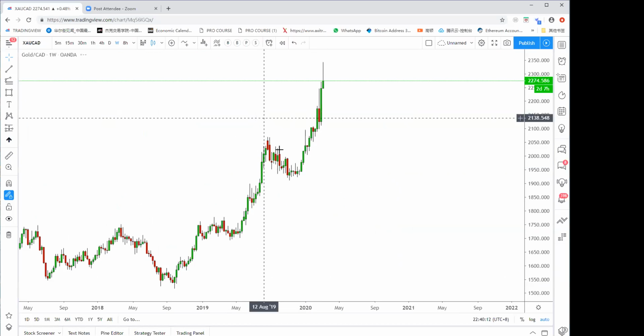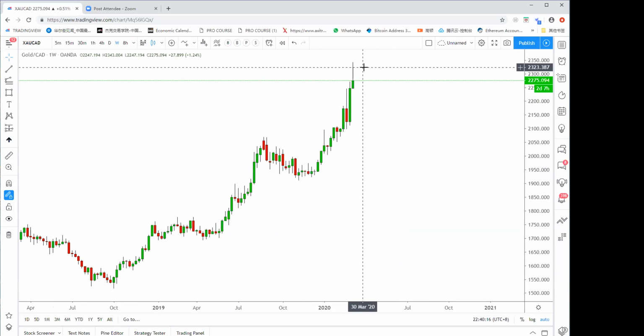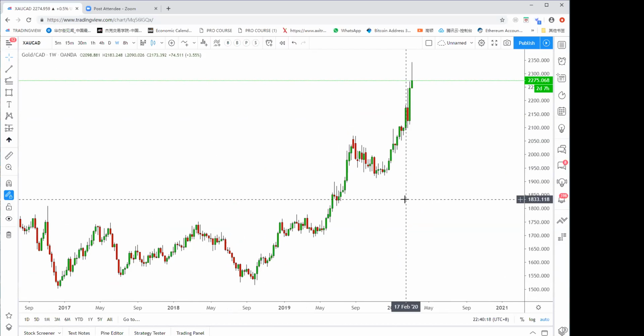Yeah, you can see gold is appreciating against Canadian as well. So Canadian is really very weak. My suggestion is to short Canadian, which is to buy dollar Canadian. You can buy the Aussie Canadian or buy the Kiwi Canadian.